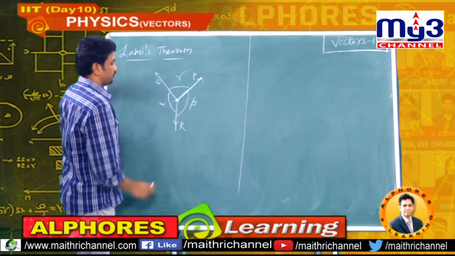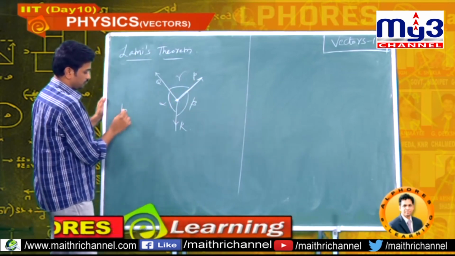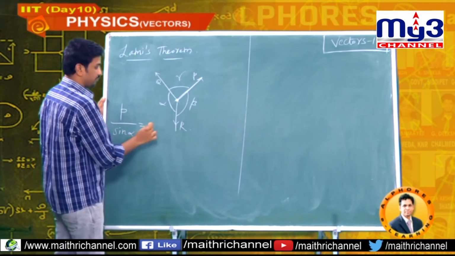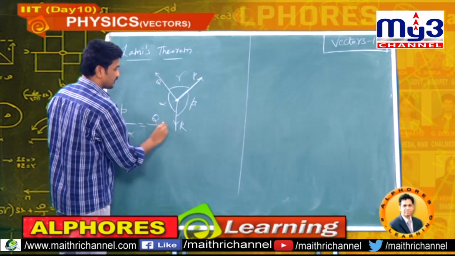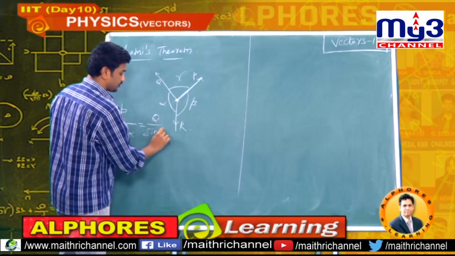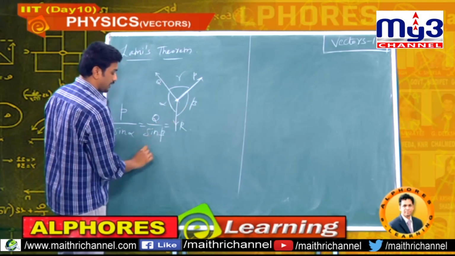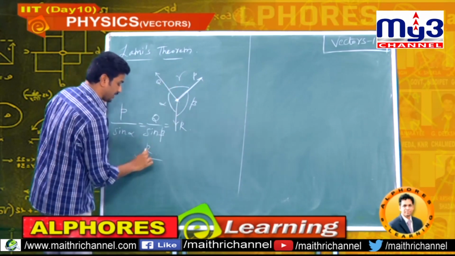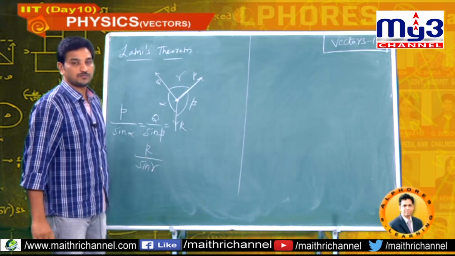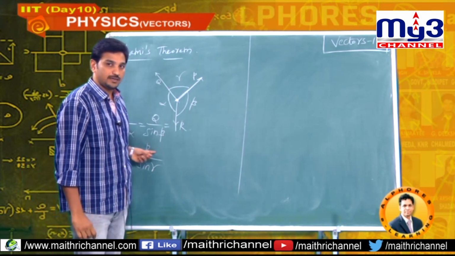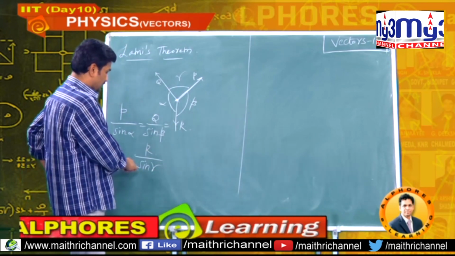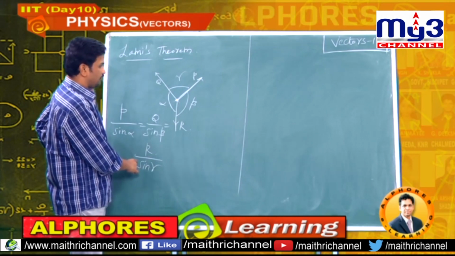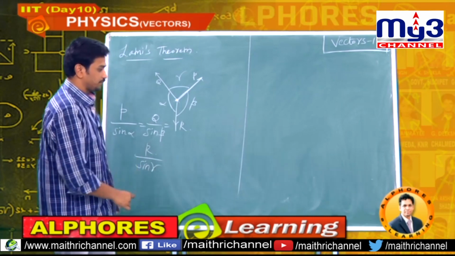According to Lami's theorem, P by sine of opposite angle, sine alpha, equals Q by sine of opposite angle, sine beta, equals R by sine of opposite angle, sine gamma. This proof we did yesterday, last class. Now I will go for explaining some more examples.